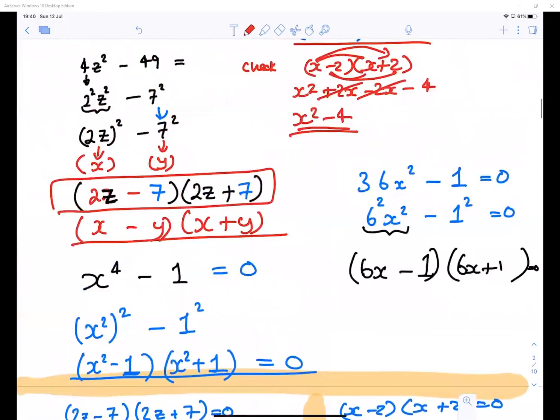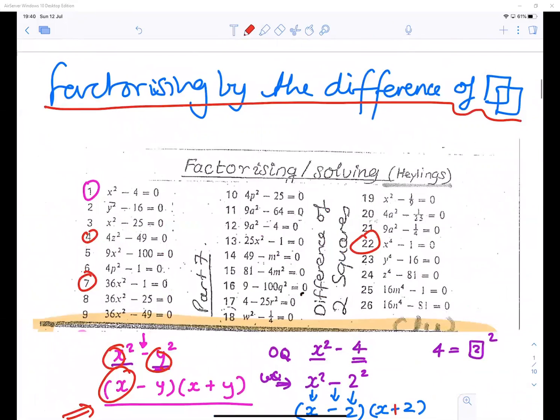Okay, now it's your turn to do some questions in the class. The first line is nice, straightforward ones. So let's have a go at these. Have a go at the highlighted questions for me, please.